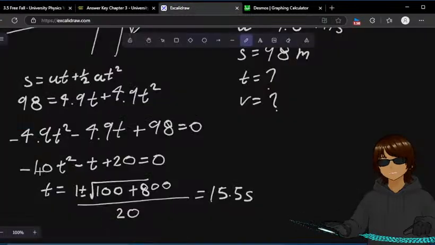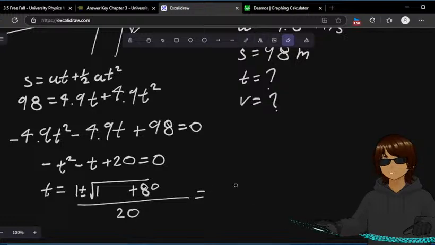This is wrong. Minus b plus minus square root of b squared minus 4ac. So I have 81, and root 81 is 9.